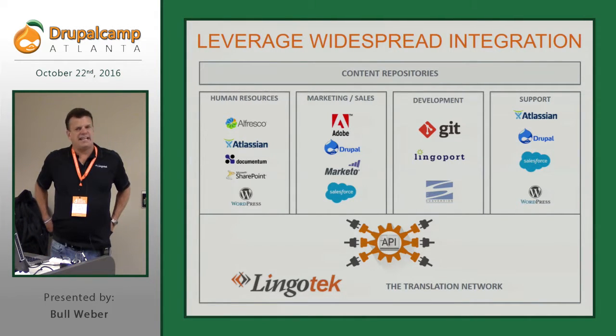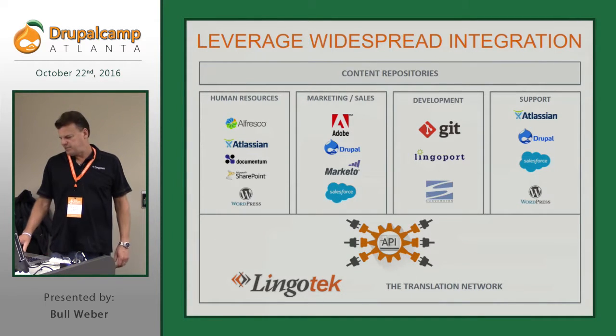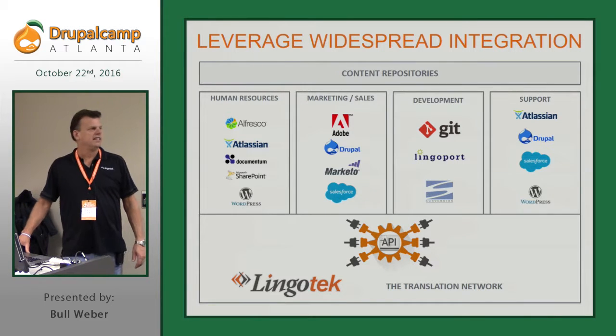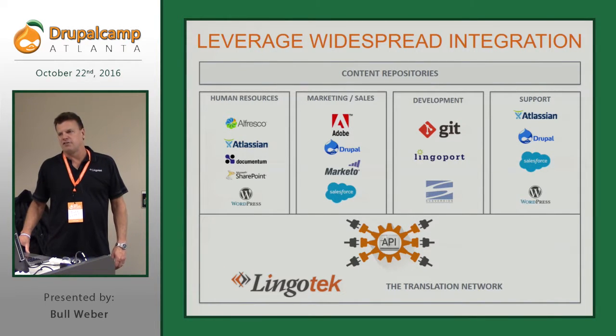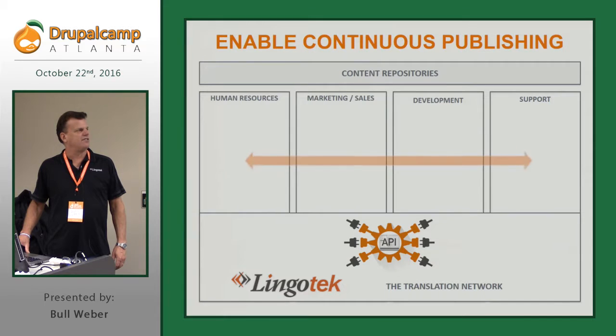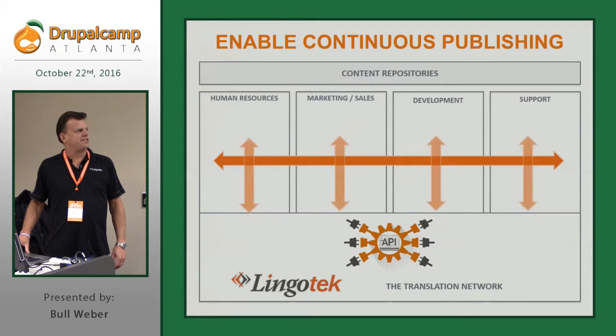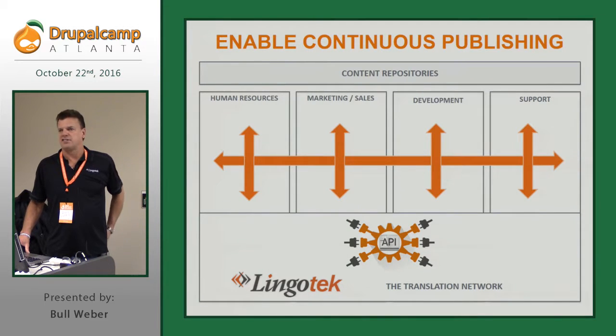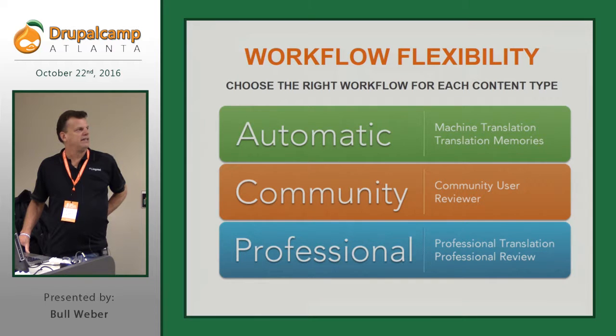And if you can connect all of those things together with a cloud-based translation management system and leverage the same translations across all of the different places, it's a much, much easier thing to manage than having everybody managing their own translation in silos. So that's basically what that's about. Sharing it horizontally and vertically across departments and across applications is really the way to go.